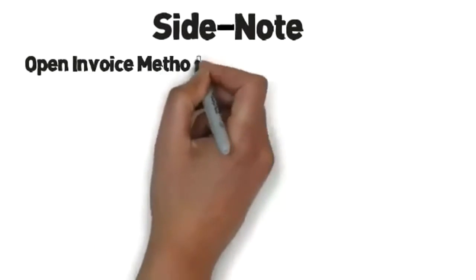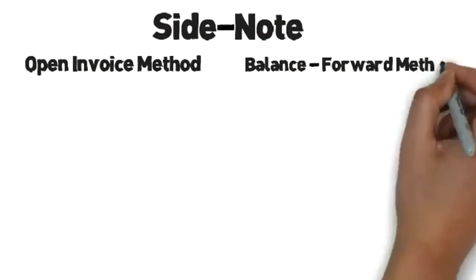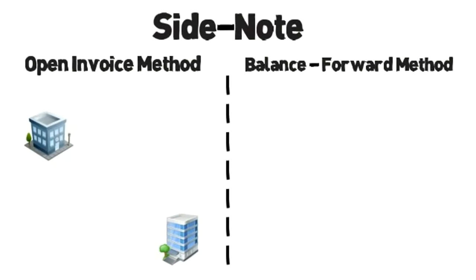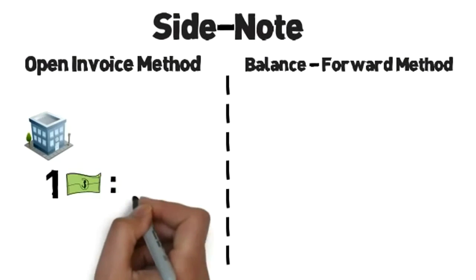A quick side note. There are two ways companies can bill customers. They can use either an open invoice method or a balance forward method. Using the open invoice method, Company A sends an invoice to Company B. Company B processes the invoice and sends Company A their payment. So it's one payment to one invoice.